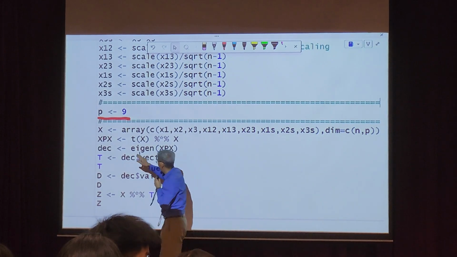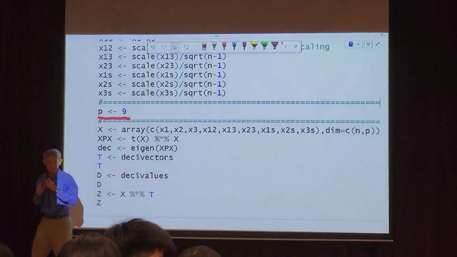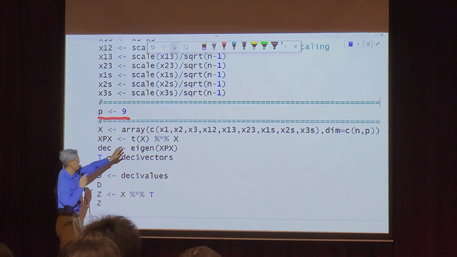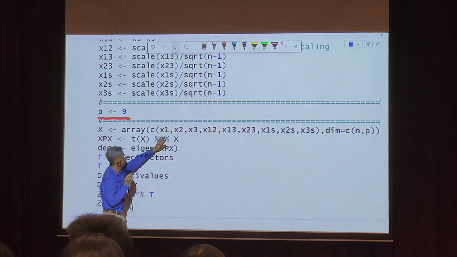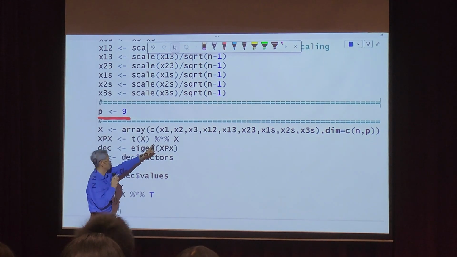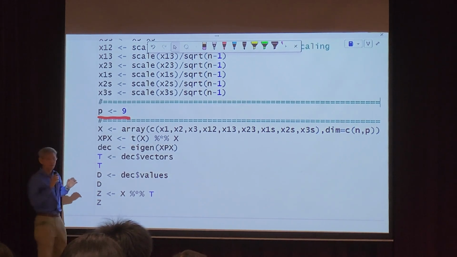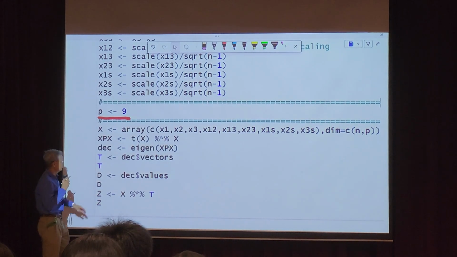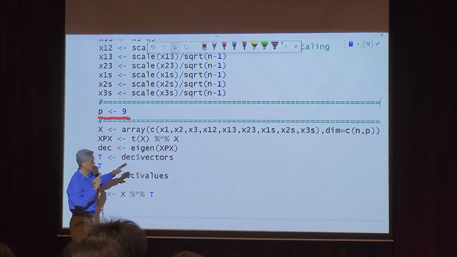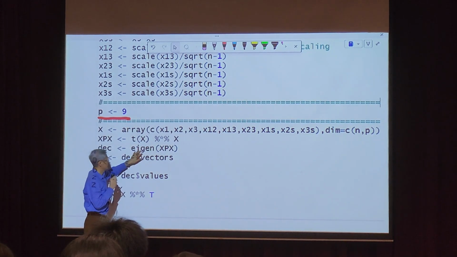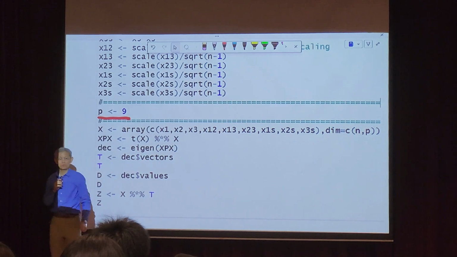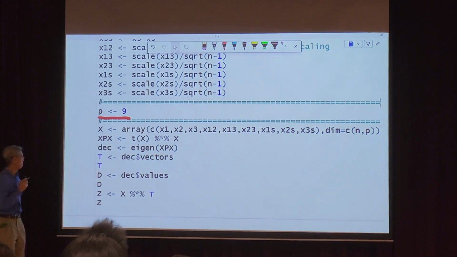So what is x prime x? Simple. Transpose of x multiplied by x. So this is a matrix multiplication. How do I find all the eigenvalues, eigenvectors? Simple. Use this eigen function, apply to x prime x.